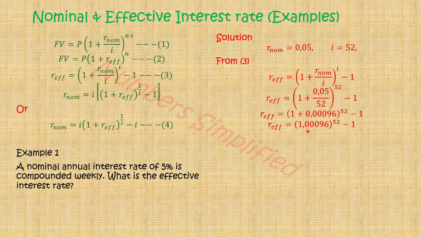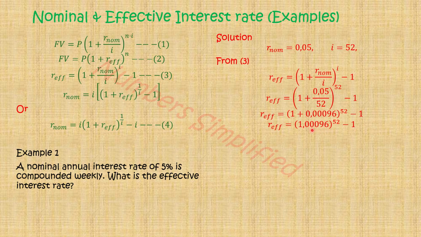I encourage you, if you are going to simplify your work and evaluate whatever you have, make sure to go as far as 4 or 5 decimal places so that you don't compromise the accuracy of the question. Right, so we add what we have inside the parentheses so that we have the effective interest rate being 1.00096 raised to the power 52 minus 1.